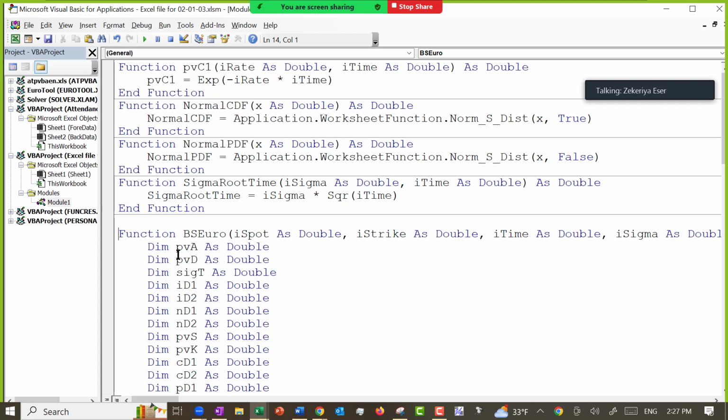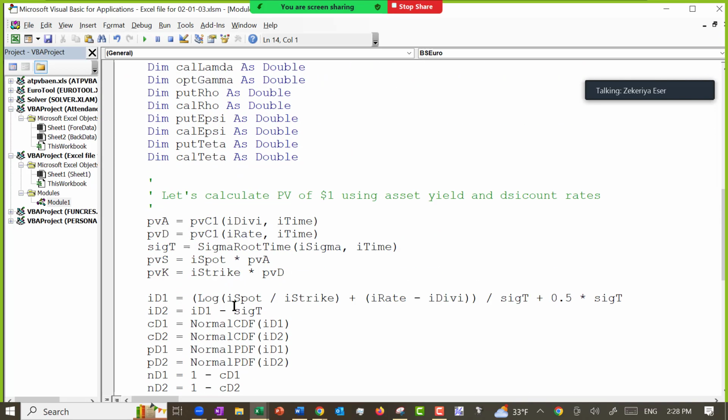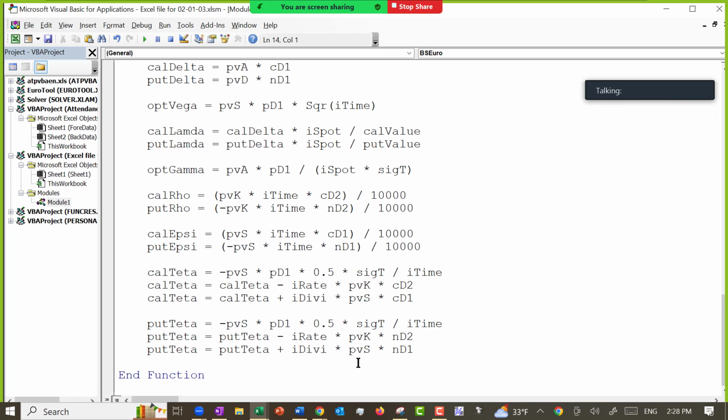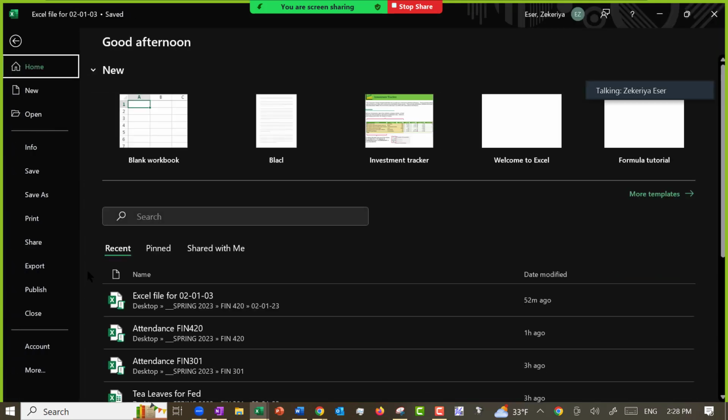Instead of Enter, after you write the formula, you press Control Shift Enter, and then it does it as an array. So let's save this. I'm going to post the whole thing anyway, so let's not worry about it now.